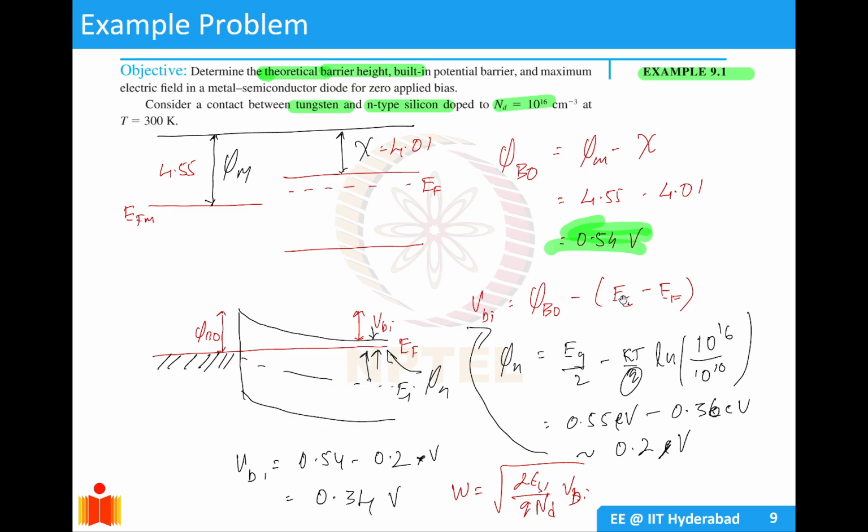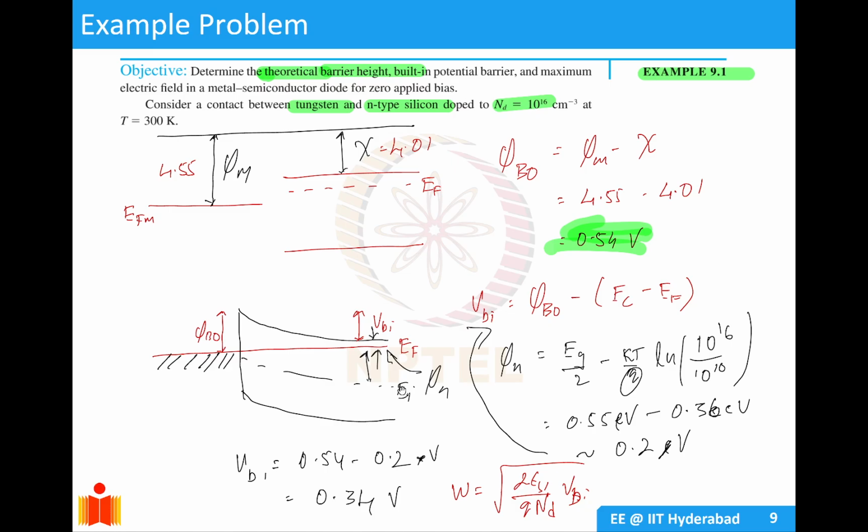So to calculate EC minus EF, you have to calculate the Fermi level with respect to your center, with respect to your EC or EI.